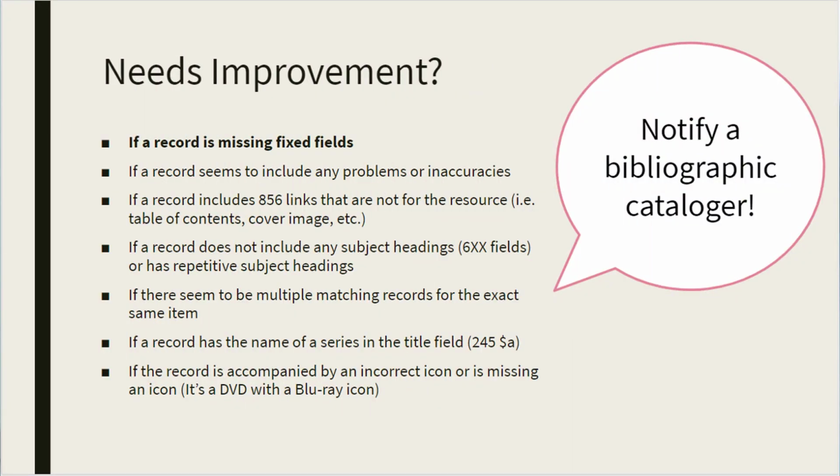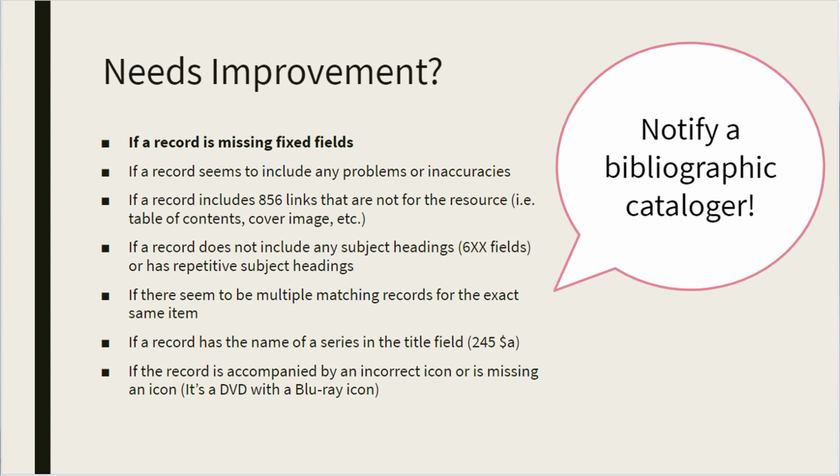That's stuff that you can do as item catalogers, but there are things that you can't do. And I wanted to give you a list of the things that you're going to put in a bucket and kick down the road to the bibliographic catalogers. So if there are any fixed fields that are missing or incorrect, this should go to a bibliographic cataloger.